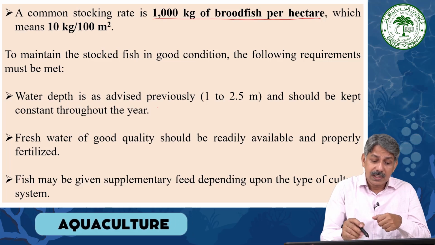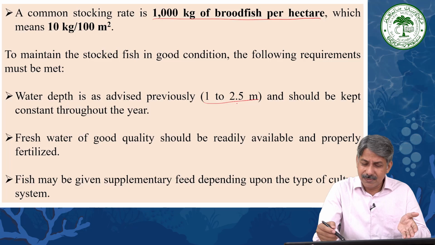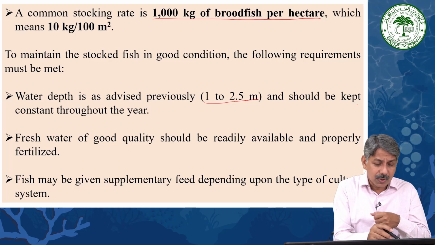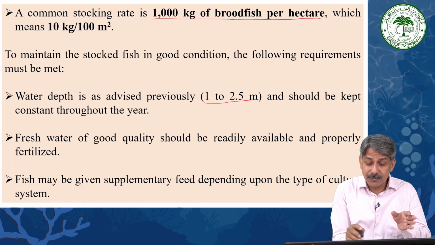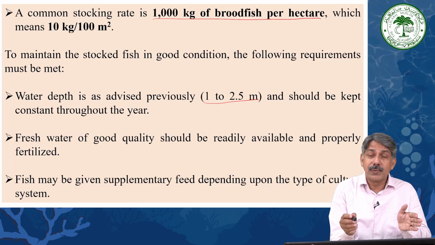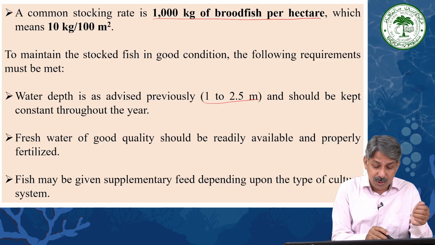Water depth is, as advised previously, 1 to 2.5 meters, and should be kept constant throughout the year. Fresh water of good quality should be readily available. If dissolved oxygen content is good, then the fishes perform much better than otherwise.